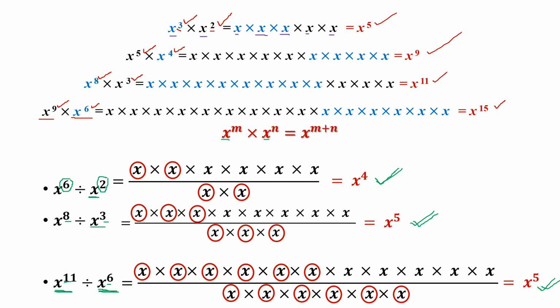So x to the power m divided by x to the power n: we have seen that we are just subtracting the powers, so we rewrite the base as it is, a single base here, then we subtract the second power from the first power, m minus n, and that's always the case.